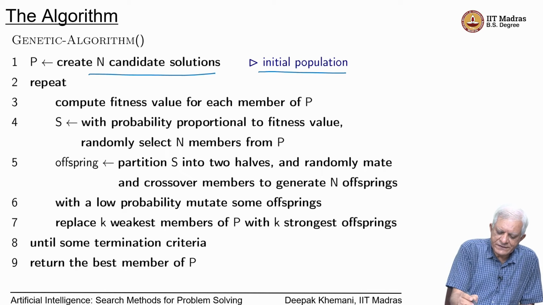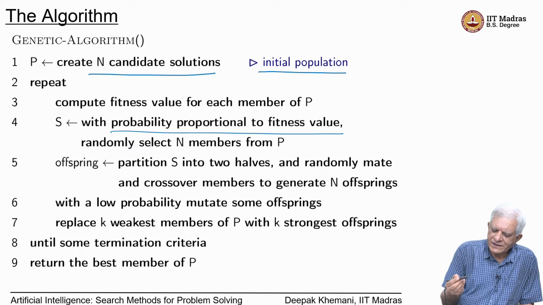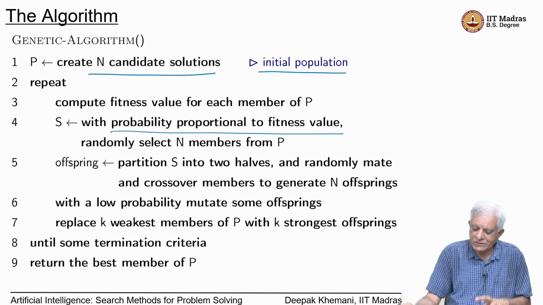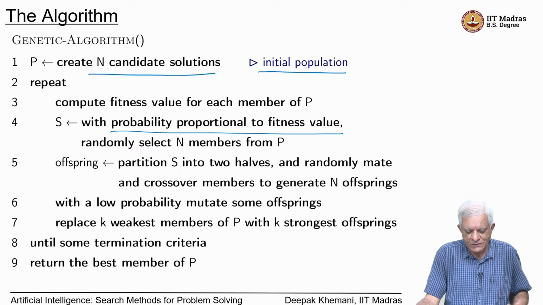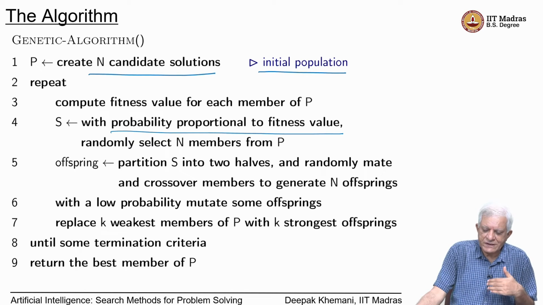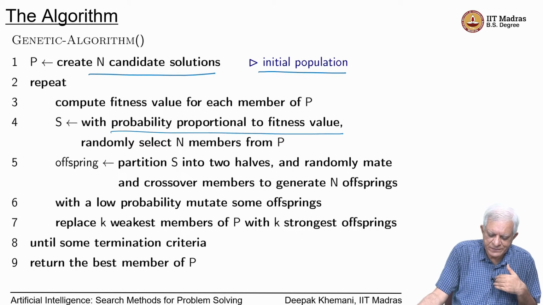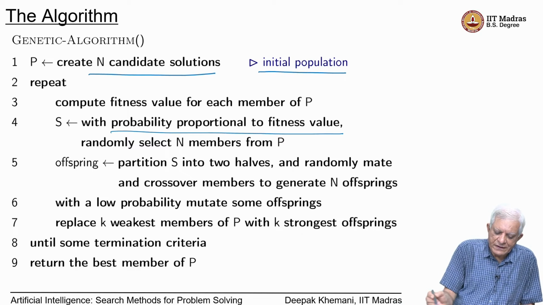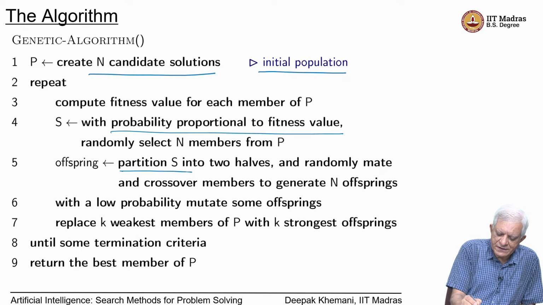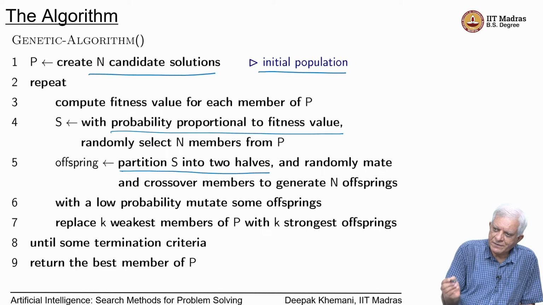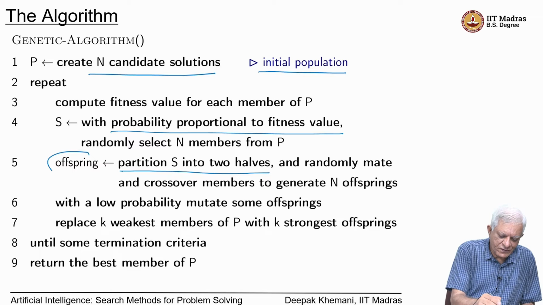You compute the fitness value for each member of this population P, and you create a new set S that, with probability proportional to fitness value, randomly selects n members from P. This is random selection with repetition. You are allowed to select the same parent again and again, that is also allowed. Otherwise, you would just reproduce the original population. Then you split the set S into 2 halves and randomly mate and crossover members to generate n offsprings. That is called the set of offspring essentially.